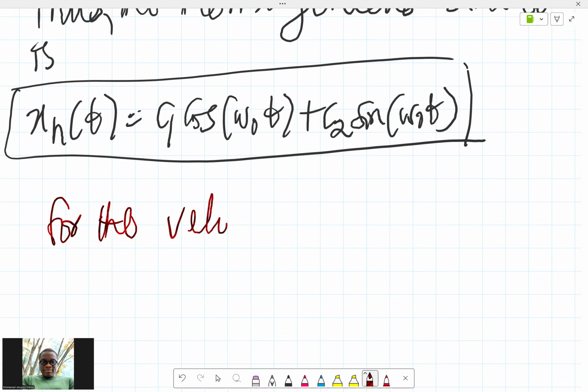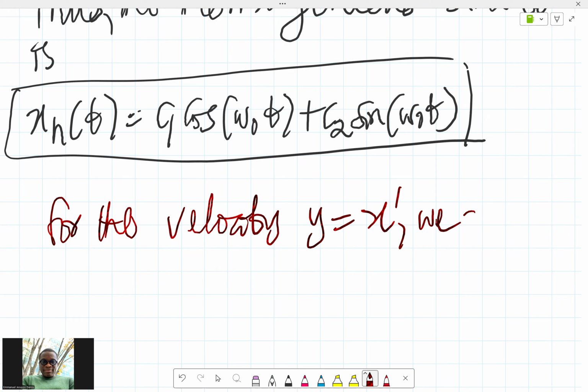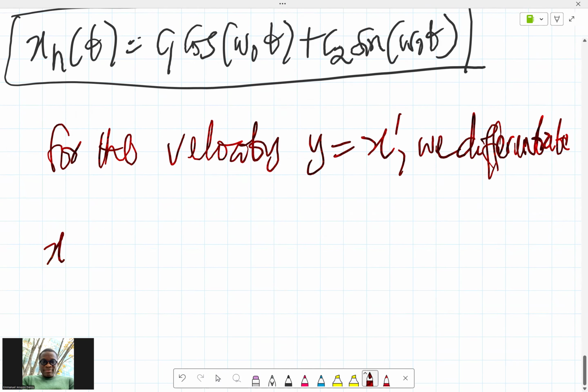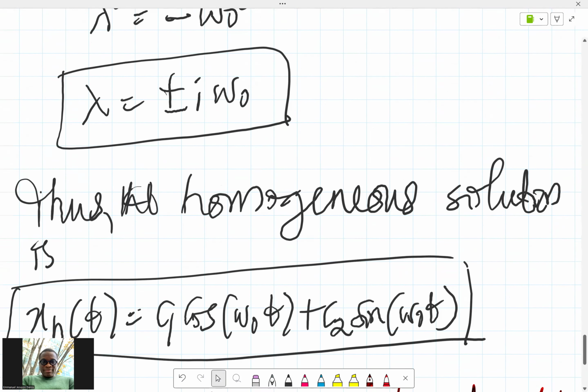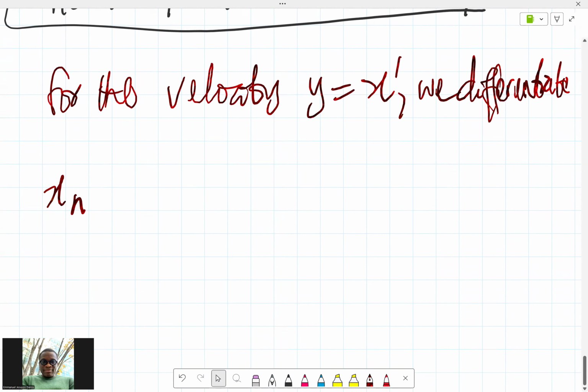For the velocity y, which is equal to x prime, we differentiate xh prime of t.